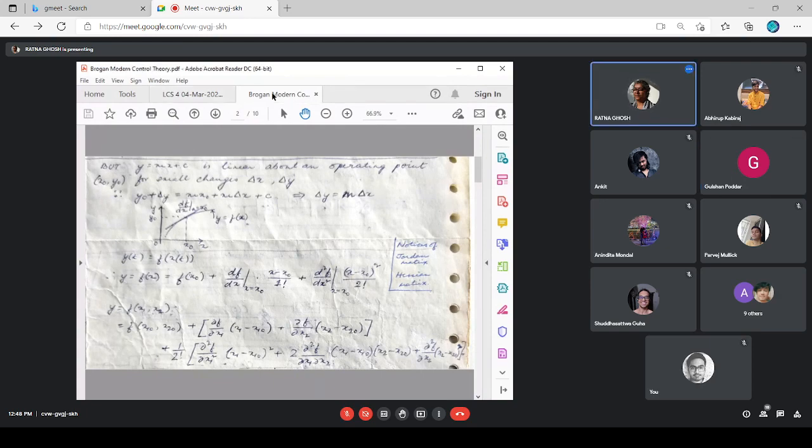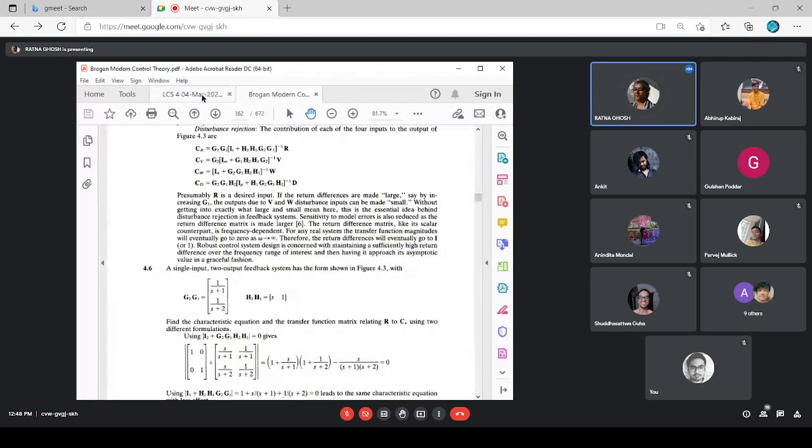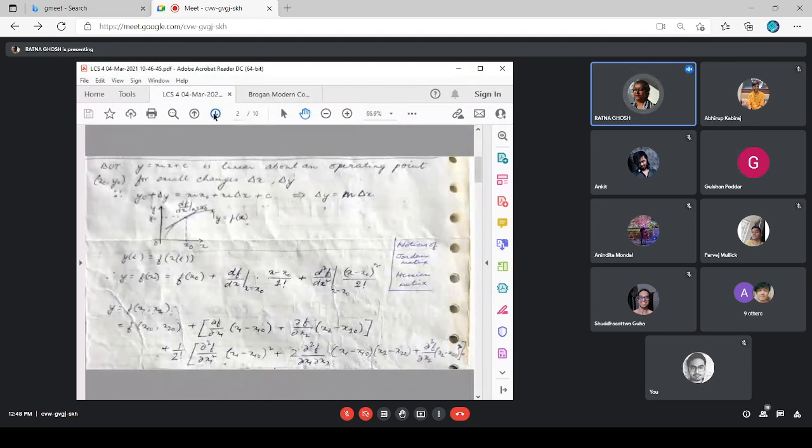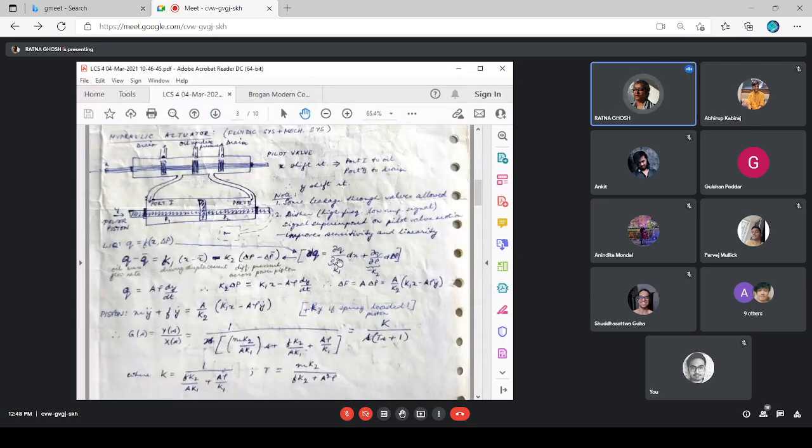The moment I'm thinking of these parameters, these partial derivatives are going to form the elements in the Jordan matrix.